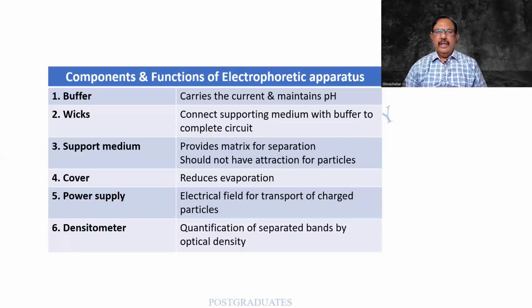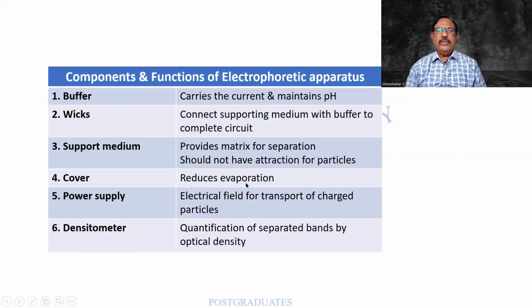This is again a very important table, very easy for us to learn by heart. These are the various components in an electrophoretic apparatus. Buffer: it carries the current and maintains the pH. Wicks contain supporting medium for completion of the circuit. Support medium: it can be a matrix in which there is separation of the particles.